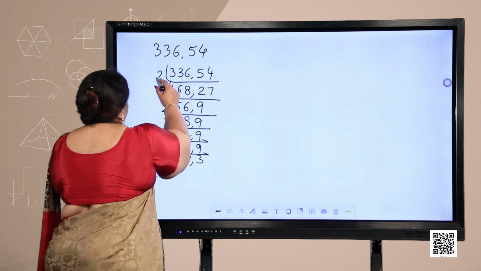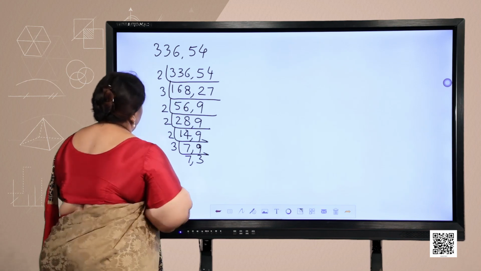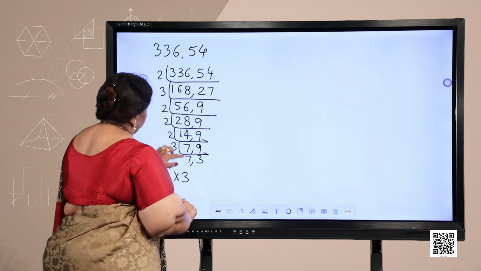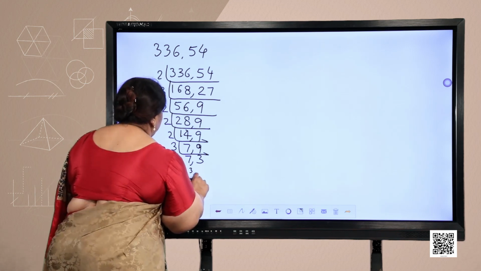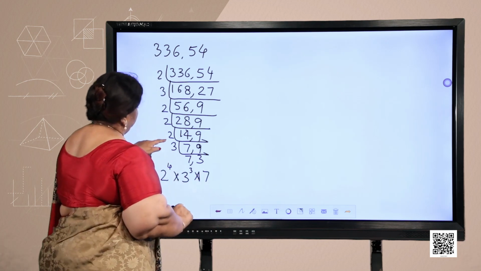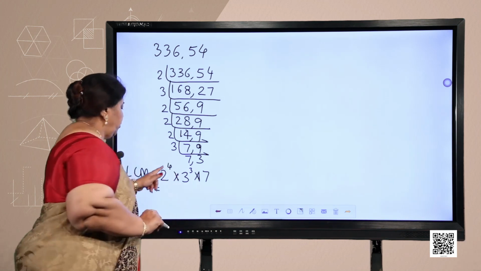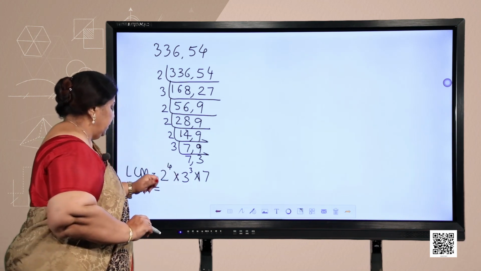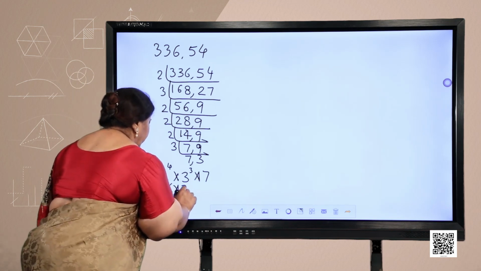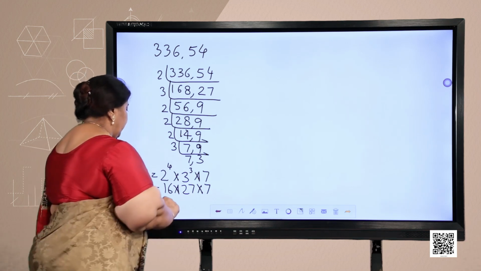It is 2 into 2 into 2, 4 times, and 3 into 3 into 3, 3 times, into 7. Yes. So, 2 2s are 4, 4 2s are 8, 8 2s are 16, 16 into 27 into 7 will be our LCM.